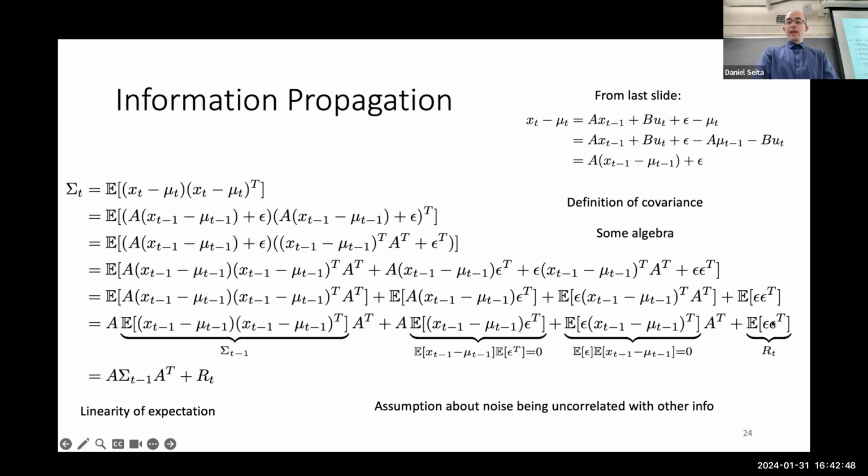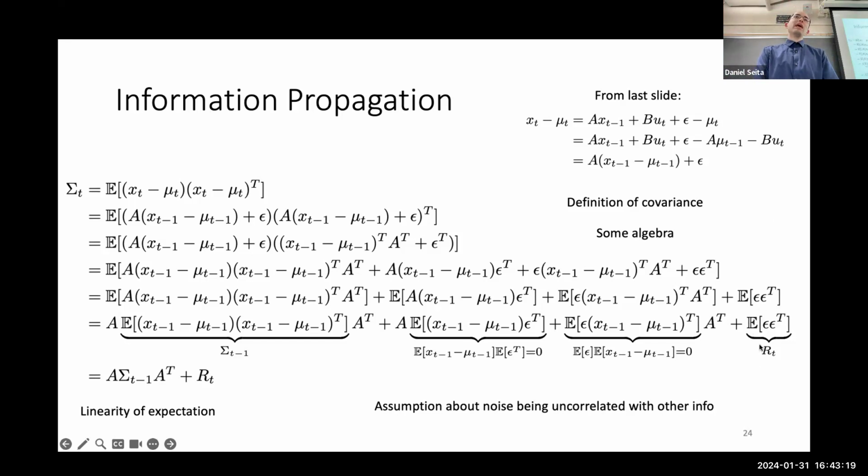Then let's skip to the last term. The last term is the expectation of this outer product, which has your column vector times a row vector. So it turns into a matrix, a square one actually, because the covariance matrix is square, so this thing better be square as well. Also because you have the same vector, it's n by 1 times 1 by n, so it's n by n.